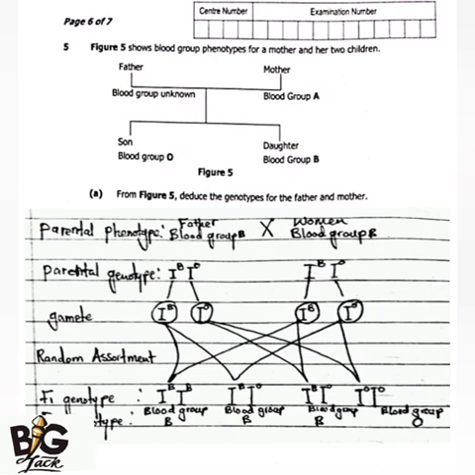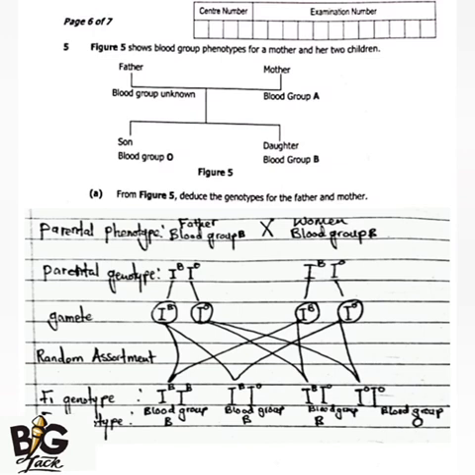Similarly, this one is also going to combine with every allele on the woman. The first one, we are going to have capital I to the power B, capital I to the power O, which is blood group B, heterozygous dominant. Then the last one, we are going to have blood group O, homozygous recessive. Remember, blood group O only exists as homozygous recessive.